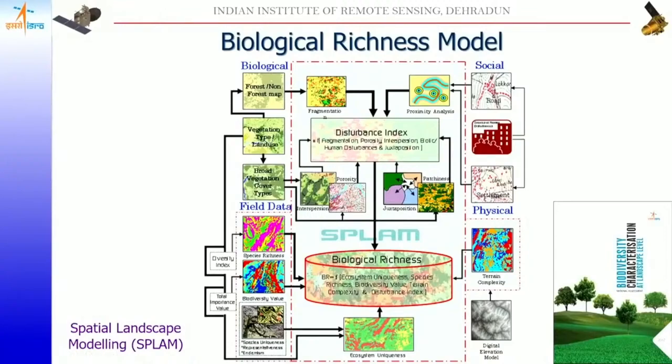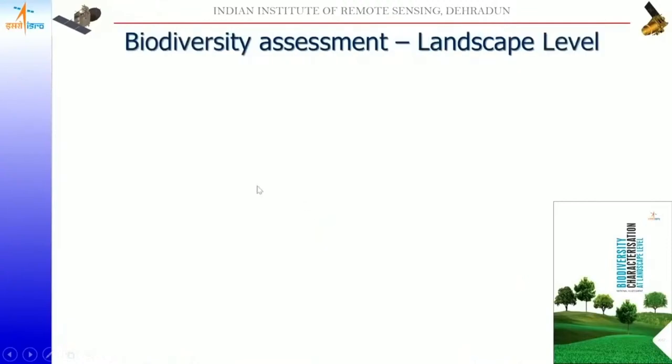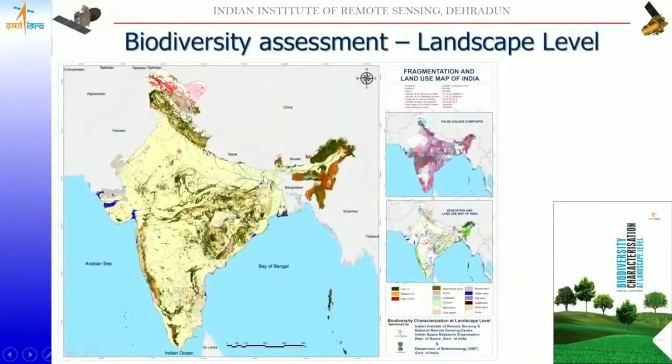That is basically a function of the ecosystem uniqueness, species richness, and the terrain complexity, as well as the inclusion of the human part in a particular area. So based on all those parameters, we can assess the richness patterns or the biological richness value of a particular area.